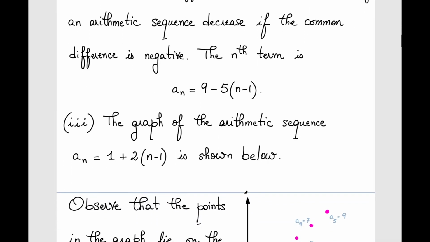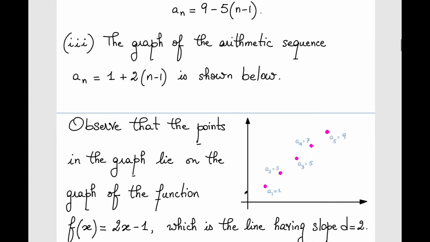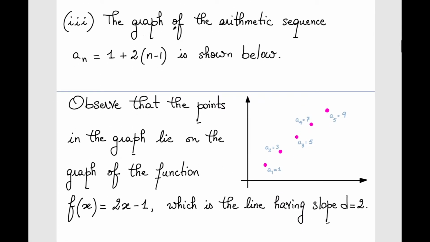The third part of this example is the following. The graph of the following arithmetic sequence is shown below. For example, the first term is when n is 1, so n minus 1 would be 0, and as such the first term is 1, so a1 is 1. The second term, when n is 2, would be 1 times 2 plus 1, so this would be 3, and so on.